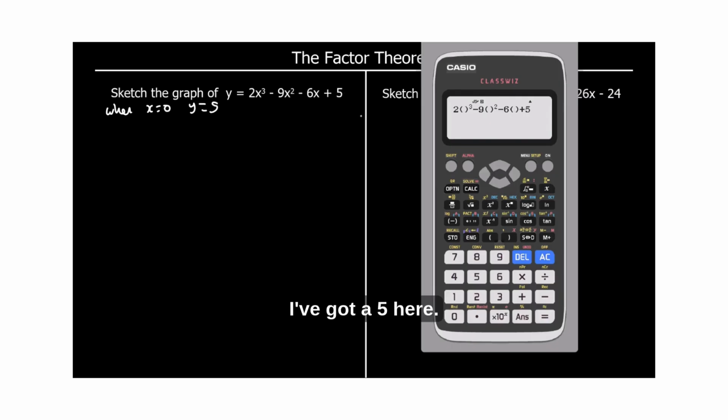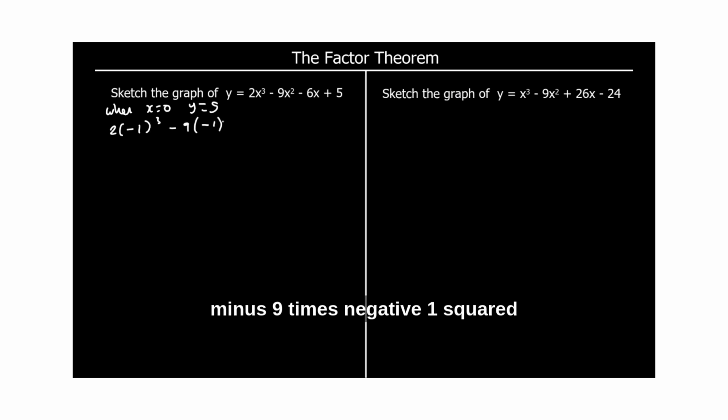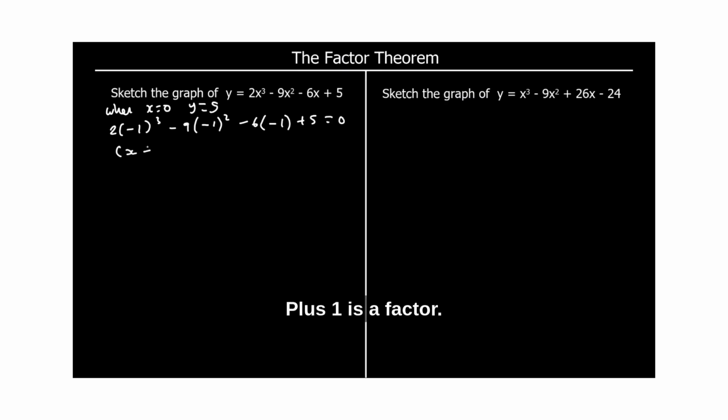I've got a 5 here, so I'm going to try -1. I want to put in factors of 5 into here, really. So -1 works. So 2 times -1 cubed minus 9 times negative 1 squared minus 6 times negative 1 plus 5 equals 0. So that means x plus 1 is a factor.